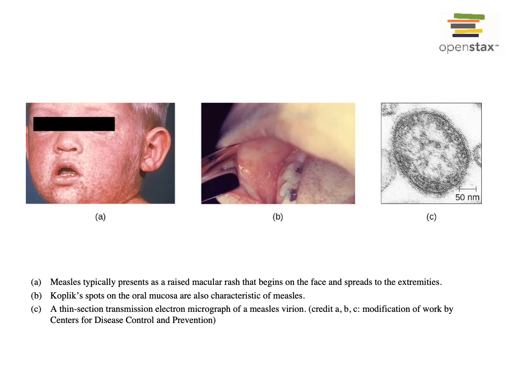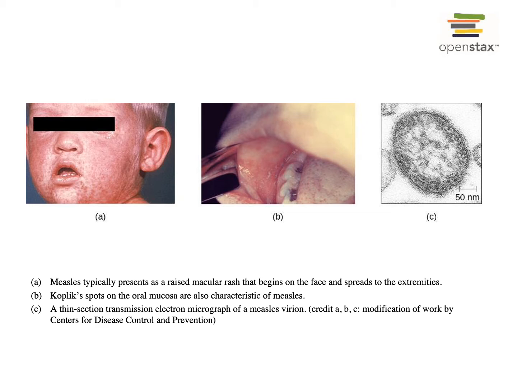This is an image from your textbook that really represents that macular rash in A. Measles often presents as that macule, that macular rash. And it starts on the face usually and moves to the extremities. It moves to the arms and legs. And it's got that raised red appearance, but there's no fluid in the rash.